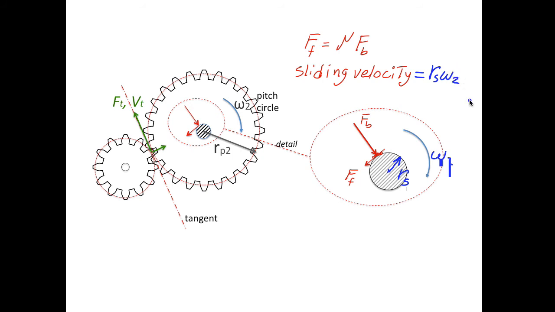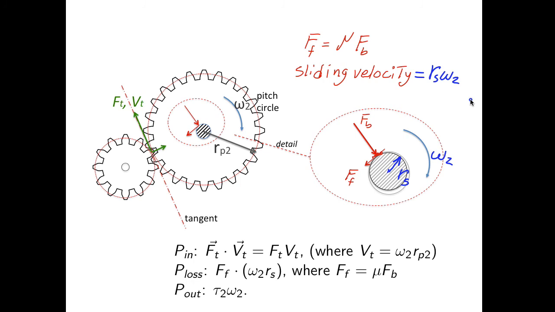So finally, the power for this setup can be written like this. The input power is the tangential force with its velocity moving along. That's the part that's doing work. And in this case, by the way, what is that tangential velocity? Well, it's just the rotational speed of the gear times the radius of that gear out to the pitch center, which recall was r sub p2.